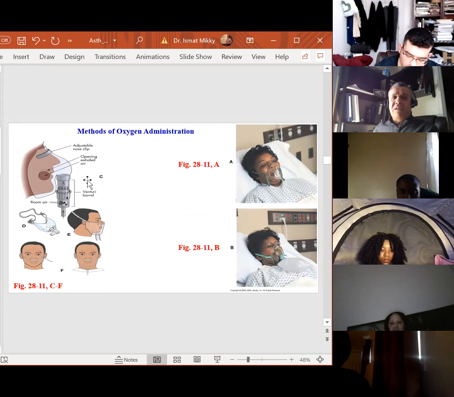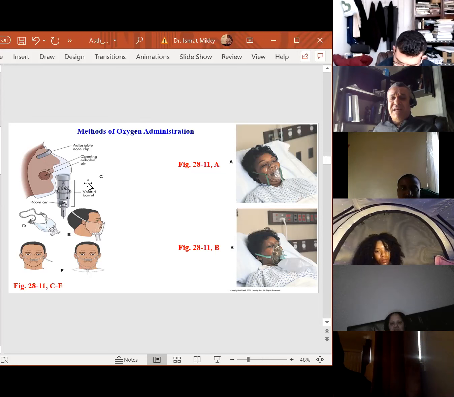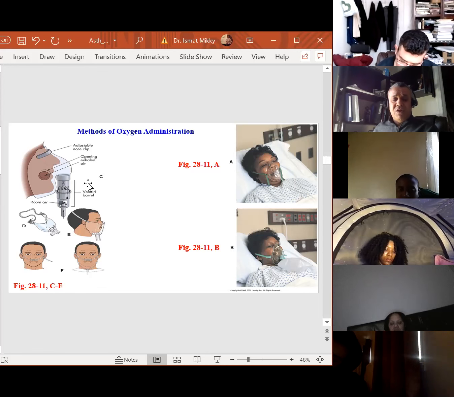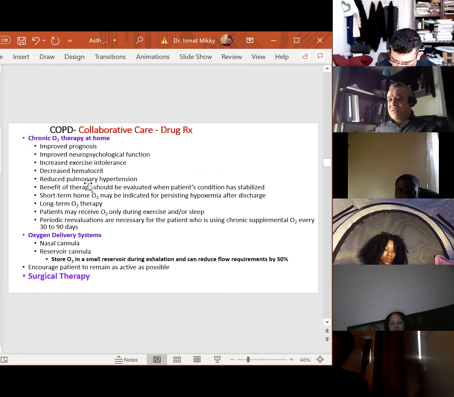Yes, if you want to deliver the exact percentage of oxygen, this is the best one. It's more accurate because it has color-coded devices with different valve sizes, and each size will give you a specific percentage of oxygen to be delivered. So it's the most accurate device to deliver oxygen for patients with COPD or asthma or even any respiratory problem.